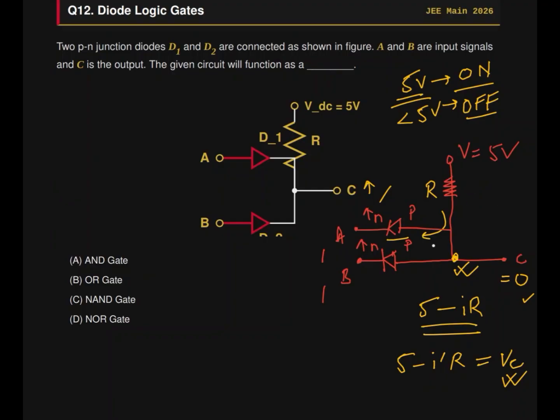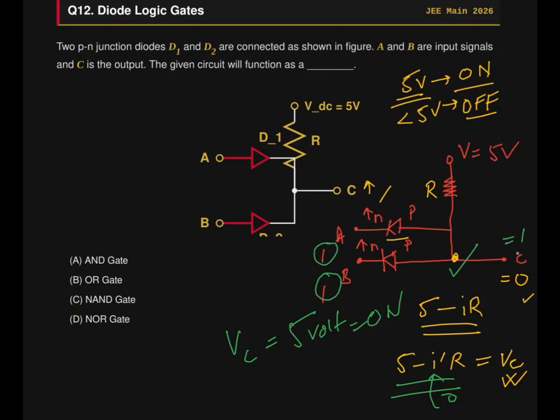No current here. So what will be the potential at this point? I is 0, right? What do we have if you put I as 0 here? We have VC as 5, right? 5 volts. And that is on, right? So only if both A and B are 1, C is 1. And I think you know which gate does this. That is AND gate, right?